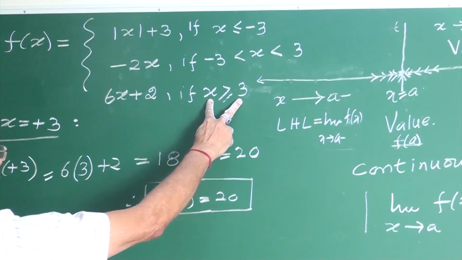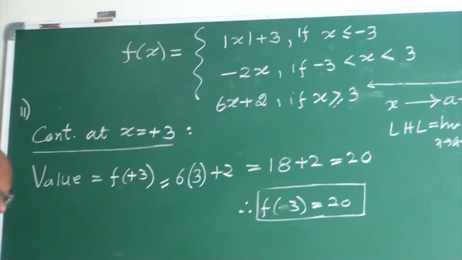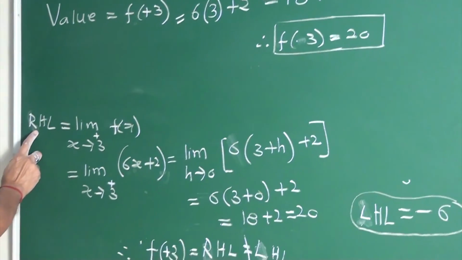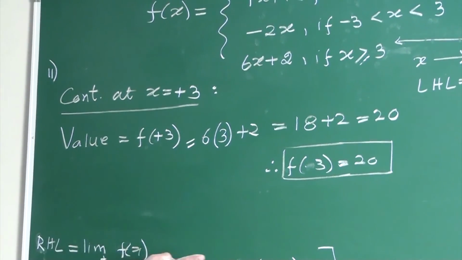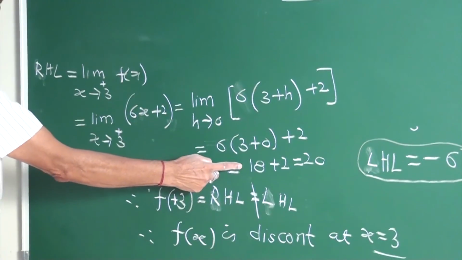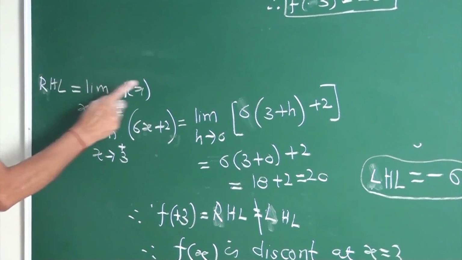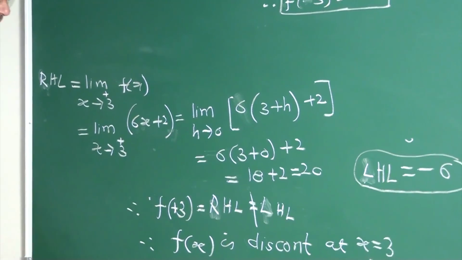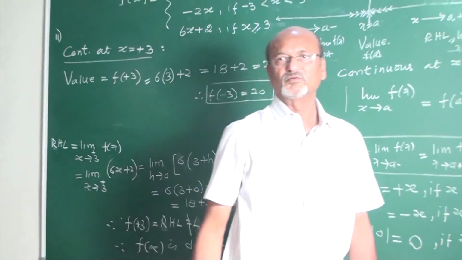For RHL, x is greater than 3, f(x) is 6x plus 2. LHL is minus 6, RHL is plus 20. The value equals RHL but not LHL. The given function is discontinuous at x equal to 3, my friends.